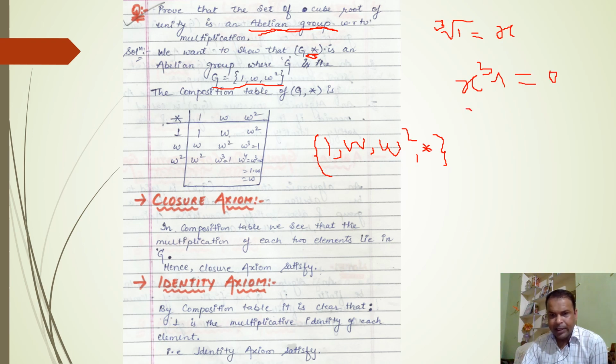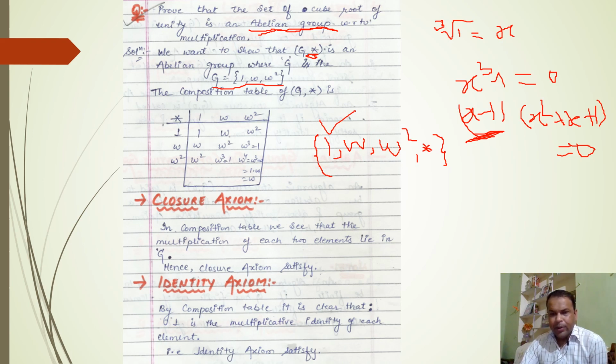If we factorize it, we get (x minus 1) into (x square plus x plus 1) equal to 0. If we compare the first part with 0, then we get x equal to 1. So 1 is a root of this equation.